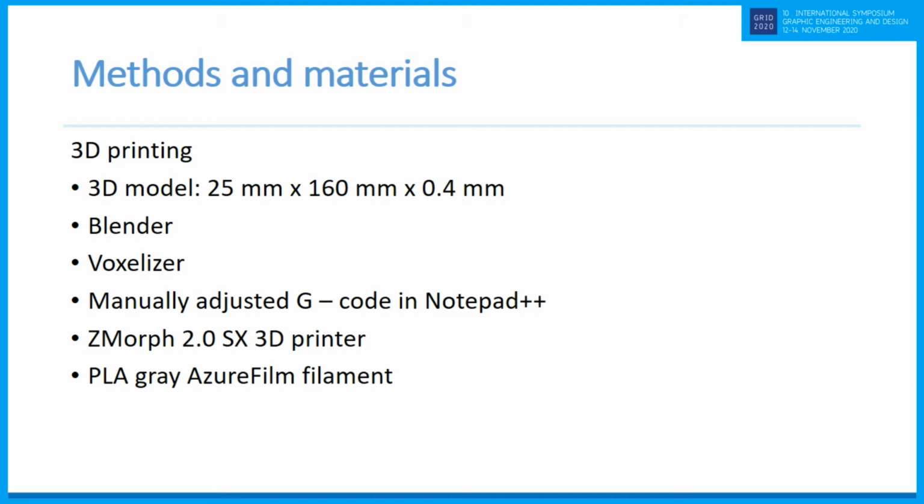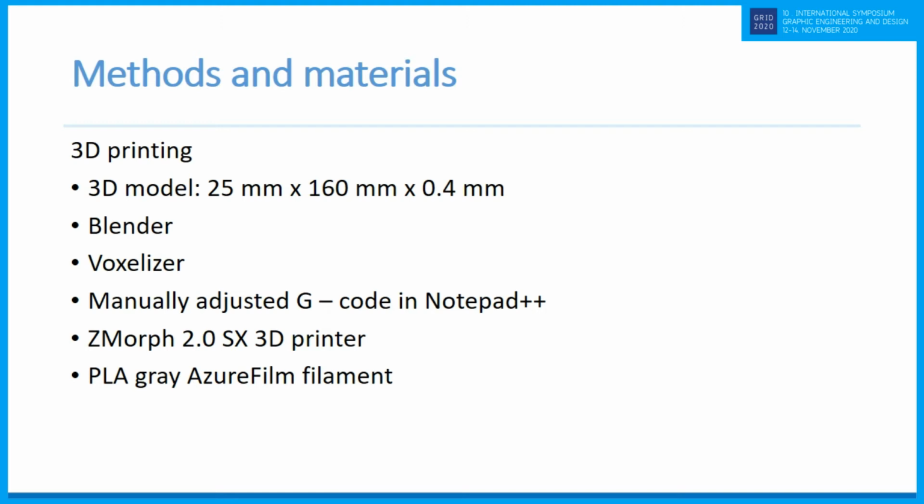The 3D model was modeled according to the standard requirements in the open source 3D creation suite Blender and exported as an STL file. The STL file was imported into the slicing software Voxelizer, where all parameters for 3D printing were set.